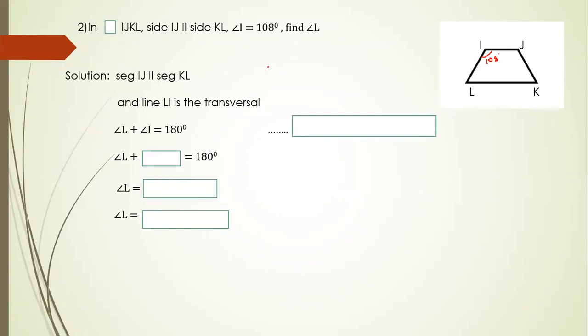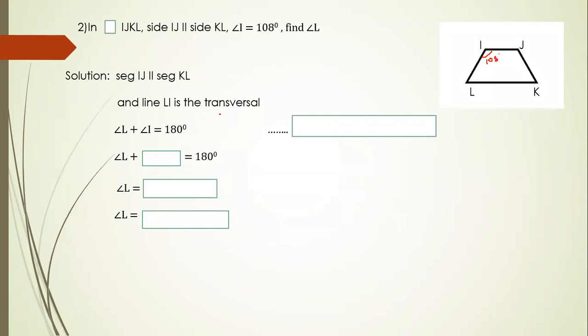Segment IJ parallel to segment KL. So this is already given to us that IJ is parallel to KL. And line LI is the transversal. So we have learned in our second chapter, parallel lines, that whenever the two lines are parallel and there is a transversal, different types of angles are formed, right?